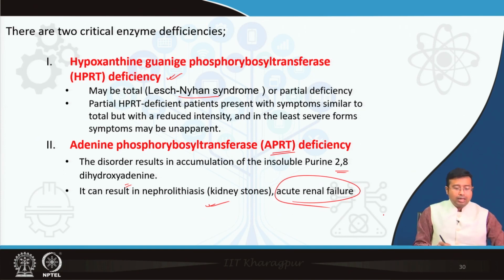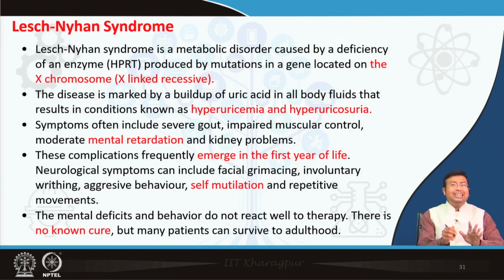But what is HGPRT deficiency or Lesch-Nyhan syndrome? It is a metabolic disorder characterized by the deficiency of the hypoxanthine guanosine phosphoribosyl transferase enzyme, HPRT or HGPRT as you may term it. It is inherited in an X-linked recessive fashion, characterized by hyperuricemia and hyperuricosuria.